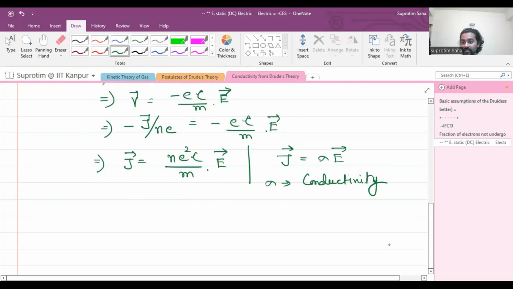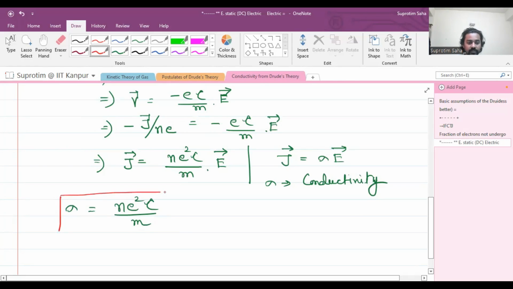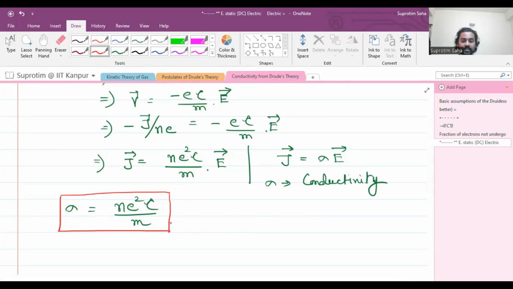So now we have a form of the conductivity of the material, which is given by n e squared tau over m. The form we have been looking for is the form of the conductivity, and Drude's model gives an estimate of that. We can see that sigma is equal to n e squared tau over m.